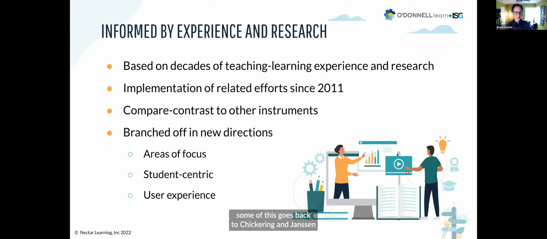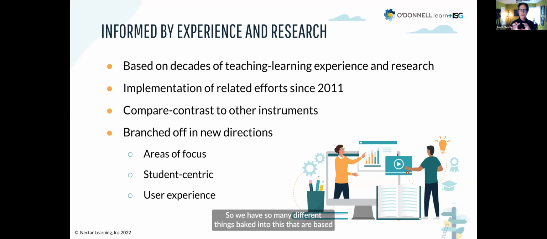Some of this goes back to Chickering and Gamson, if some of you know about them, and the seven principles of effective undergraduate practice. Wiggins and McTighe, we already talked about backwards design. Universal design for learning came up in the tag cloud earlier, and that's something we've embedded heavily. I'm also thinking about Community of Inquiry and the work that folks at Athabasca University have done.